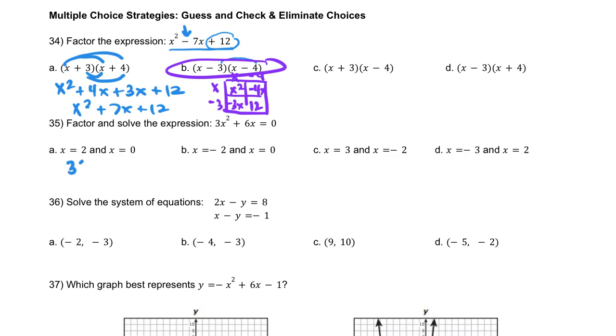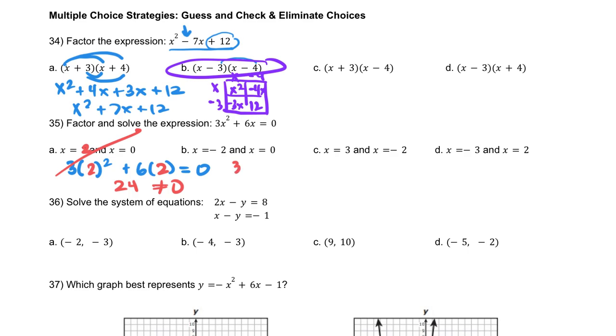So I know that this is going to be 3 times something squared plus 6 times something, and we're hoping it's equal to 0. Well, I can plug in this 2 right here and put that into my calculator. I am going to end up with 12 plus 12 or 24, which does not equal 0. So I know that this is not one of my choices.